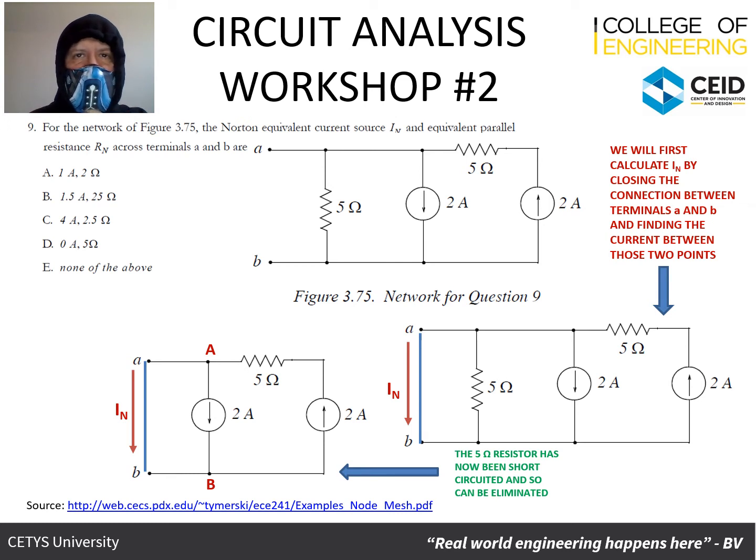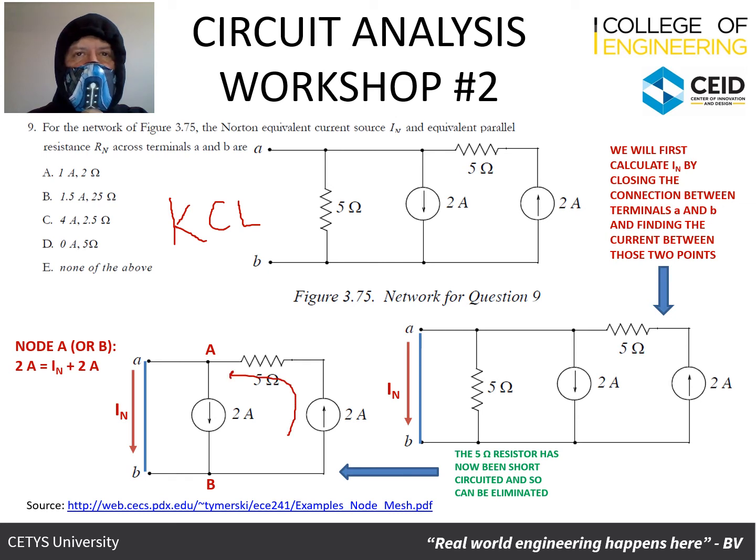We can do this using node analysis, either node A or node B, if we analyze the currents that are going in and out of these nodes, and we will do this by using Kirchhoff's current law. We notice that 2 amps are going in.